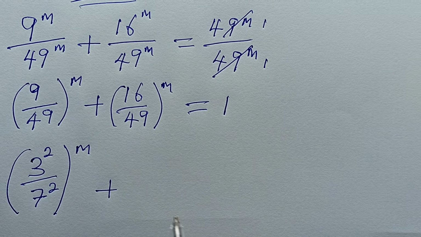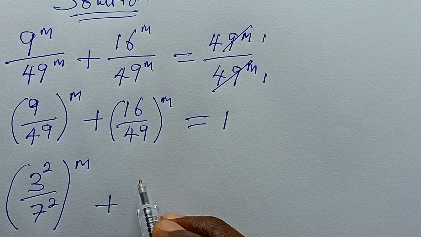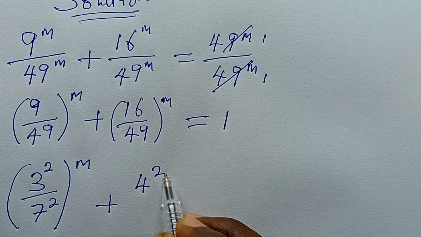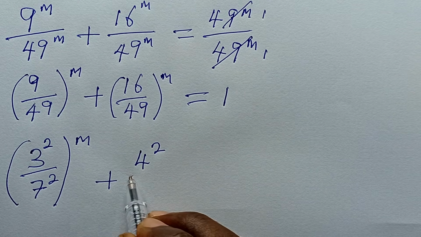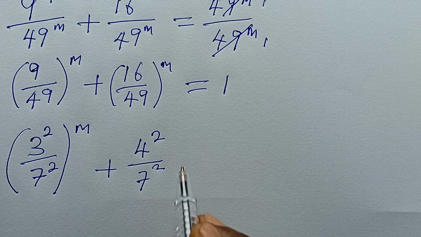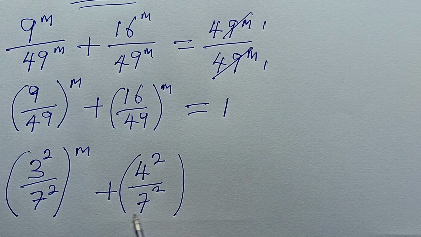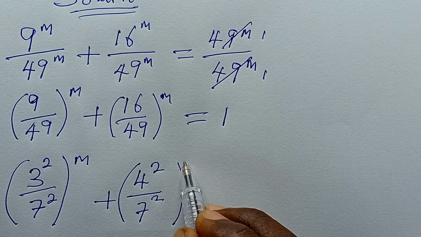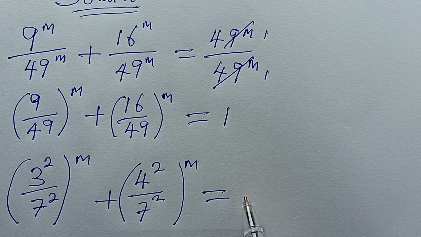There, plus here we have 4 raised to the power of 2, which is for 16, and here we have 7 raised to the power of 2, then everything again raised to the power of m, which is equal to 1.